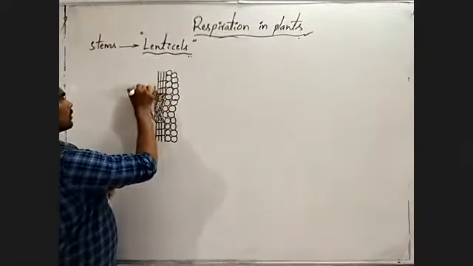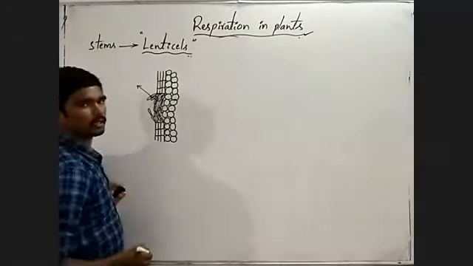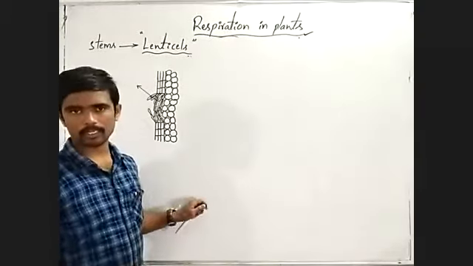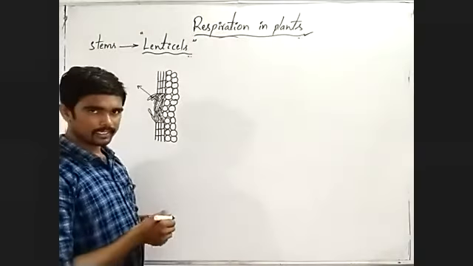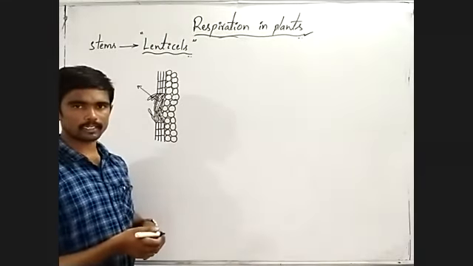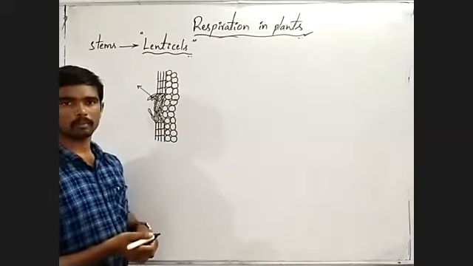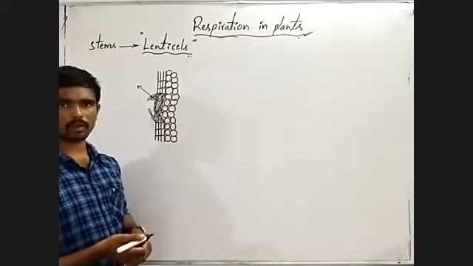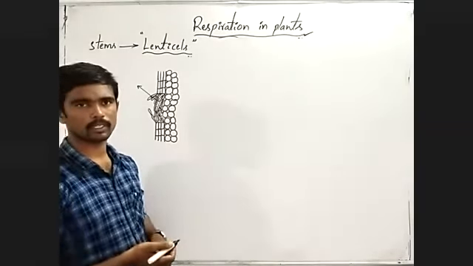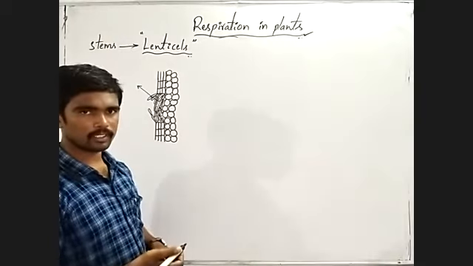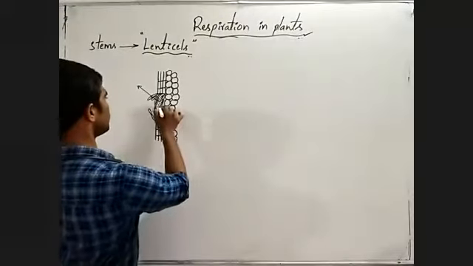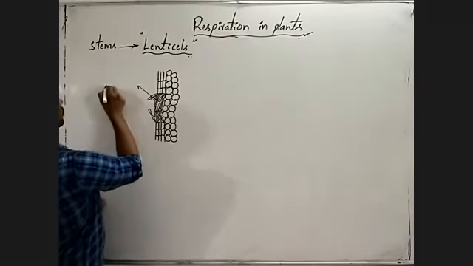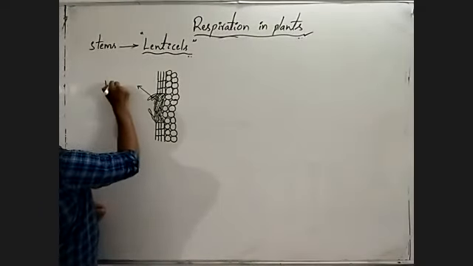These places where parenchyma cells are developed during secondary growth, by the activity of the cork cambium, are called lenticels.